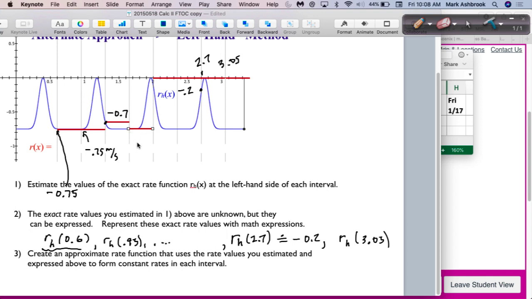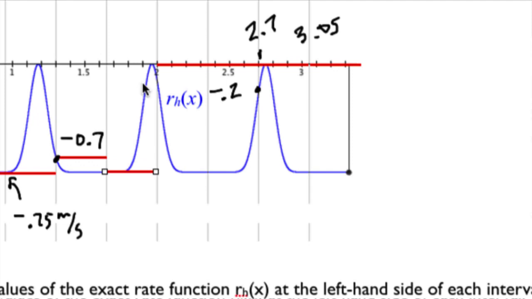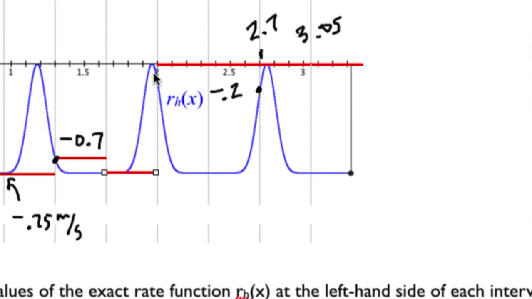Next interval. What did you say the rate was at the left side of the next interval? Zero? It's like negative 0.1, right? It's like right there. So in this interval, the rate of change at the left side is right there. It's a little bit higher than this one, right? So maybe negative 0.1.